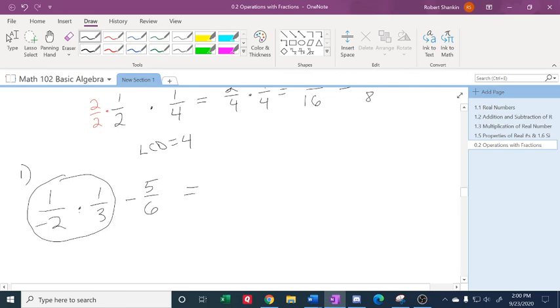Do I need common denominators? No, multiplication and division don't. I just multiply them together. 1 times 1 is 1. 2 times 3 is 6. The negative sign can go in the bottom, in the top, or out front. I'm going to choose to put it out front. 2 negatives, though, would make this whole thing positive, fraction positive.